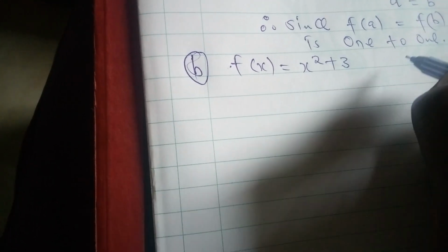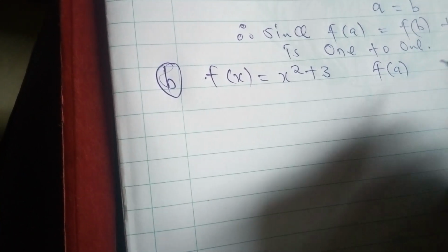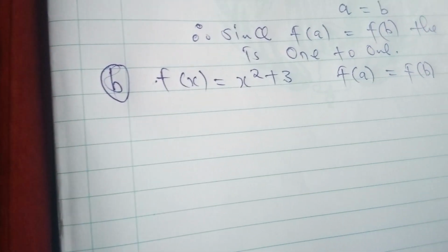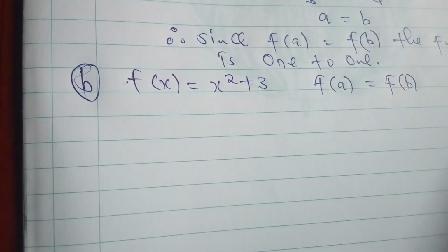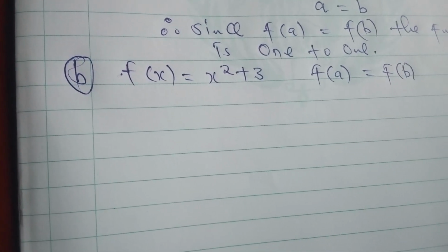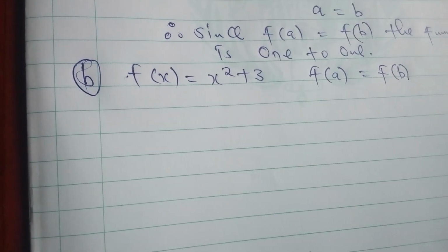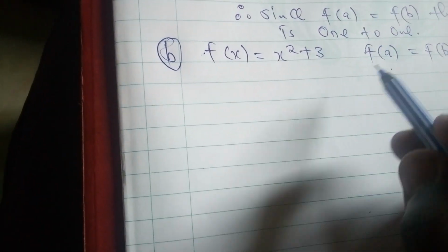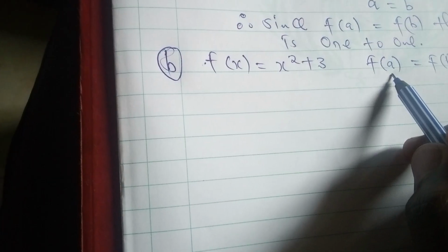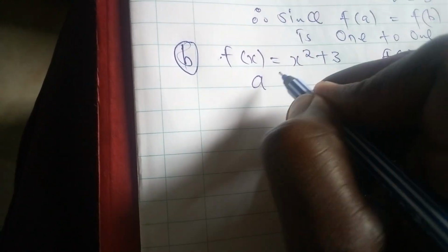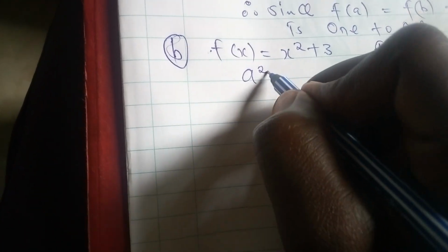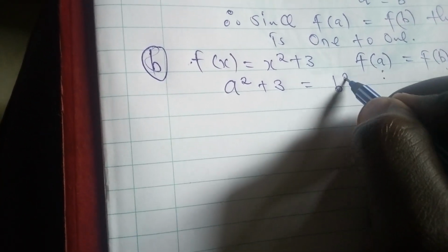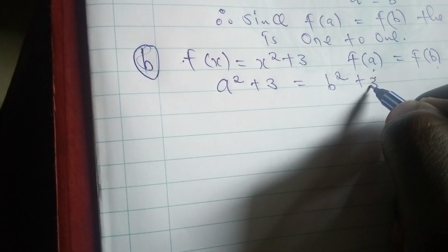So I said f of a is equal to f of b. Whenever you are finding the function which is 1 to 1, make sure f of a is equal to f of b. So the place where there is x with a, that is a squared plus 3 is equal to b squared plus 3.